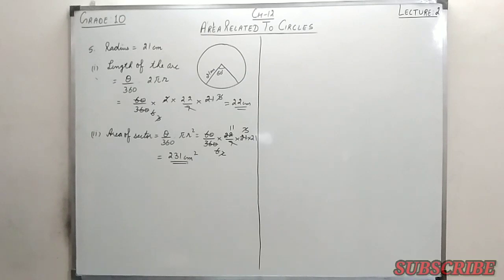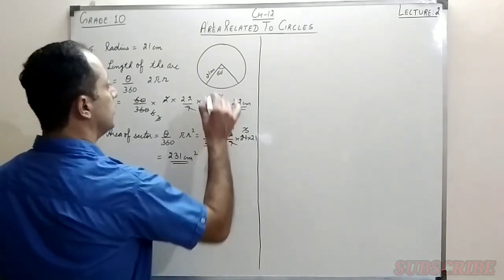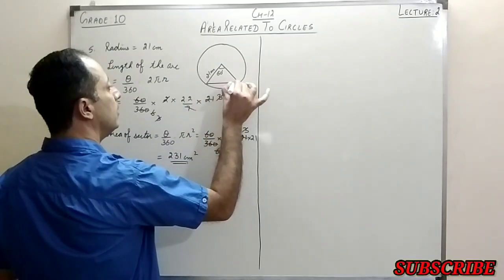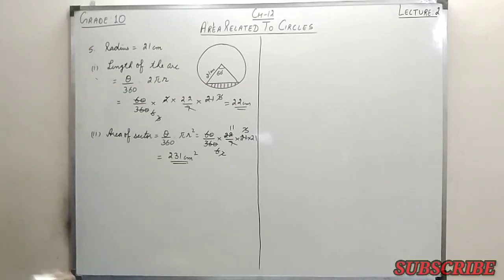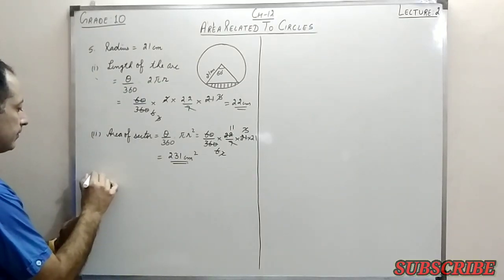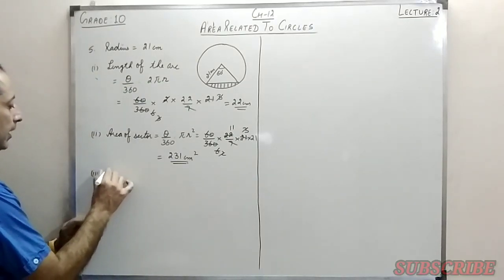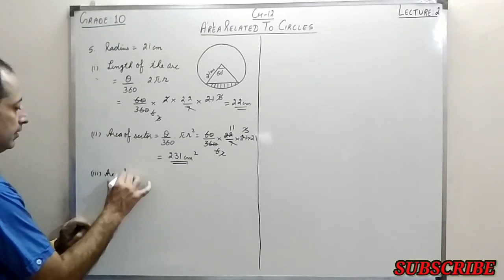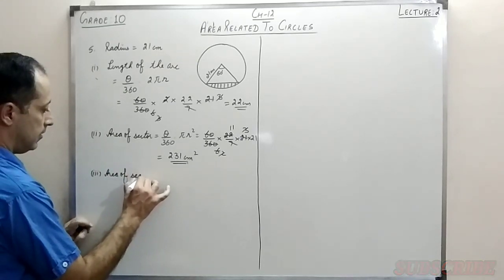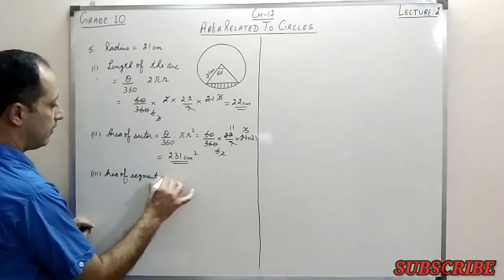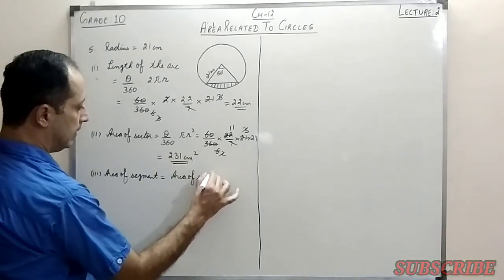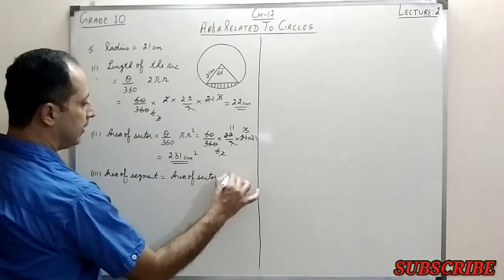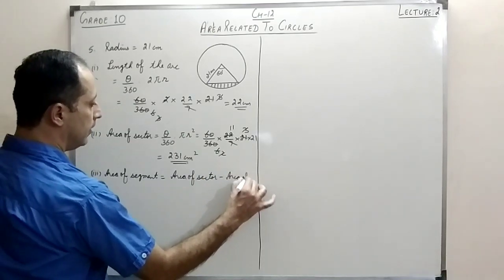And the third part, we have to find the area of segment formed by the corresponding chord. So this is the corresponding chord and we have to find the area of this segment, right? So what we can do, area of segment equals to area of sector minus area of triangle.